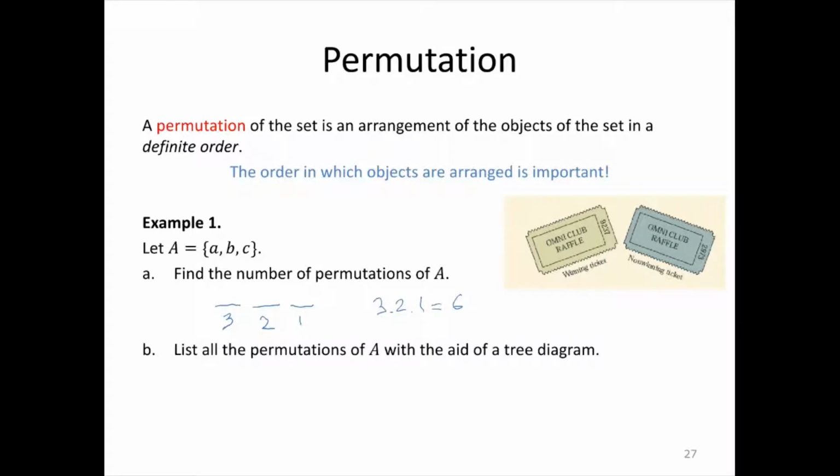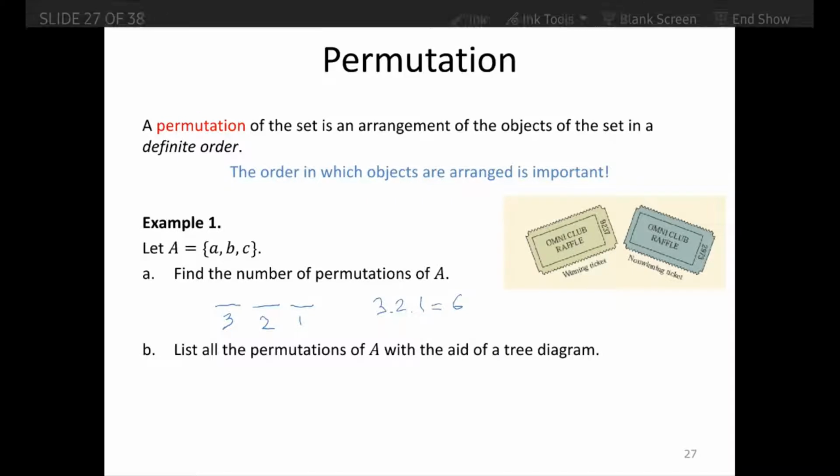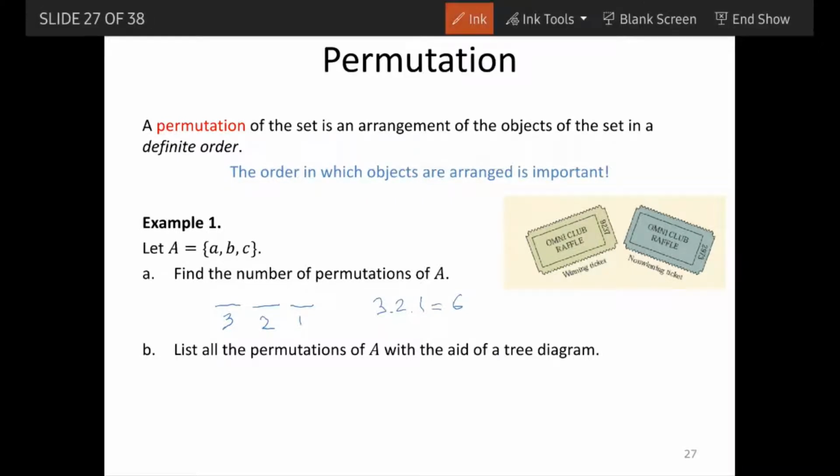So now we want to list all the permutations of A with the aid of a tree diagram. Like before, we fill in the first blank spot first.